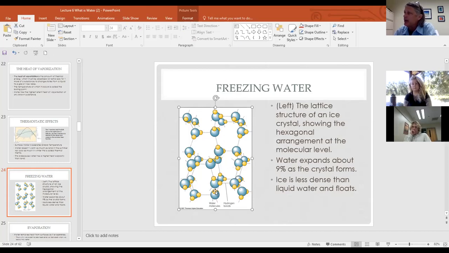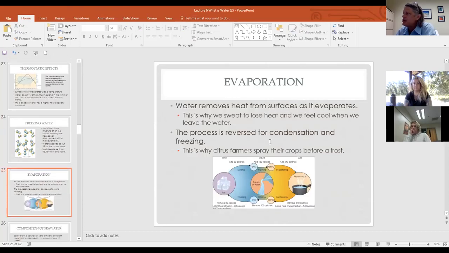Ice floats because there's a lot of air in ice when you compare it, so that makes it less dense. Now, evaporation only occurs at the surface, and you don't need to be above the boiling point for evaporation to occur. It's molecule by molecule off the surface because water is so light.